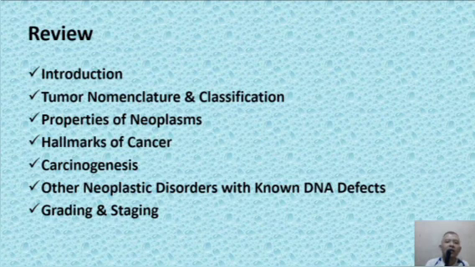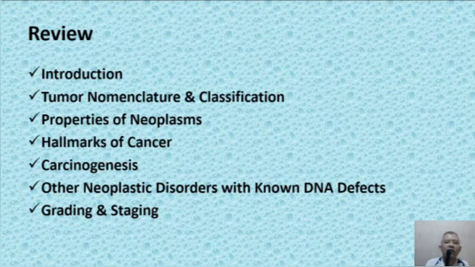Next is carcinogenesis. We mentioned different ways of formation of cancer cells: by chemicals, by exposure to occupational hazards, by exposure to viruses.